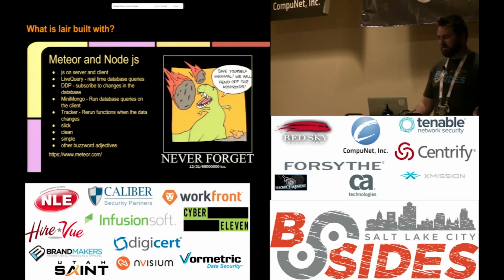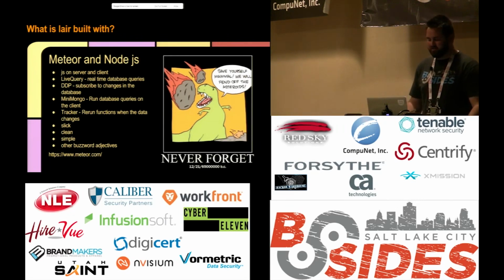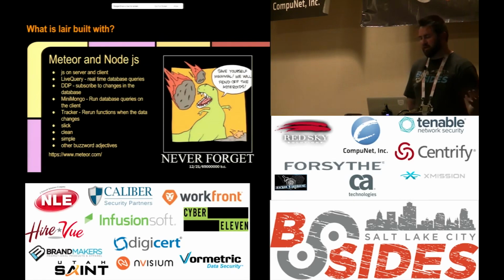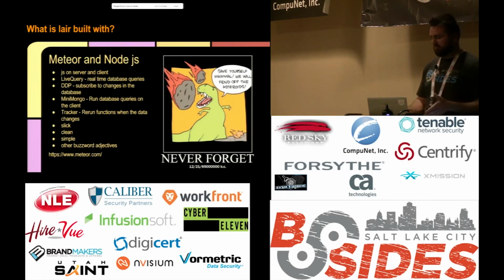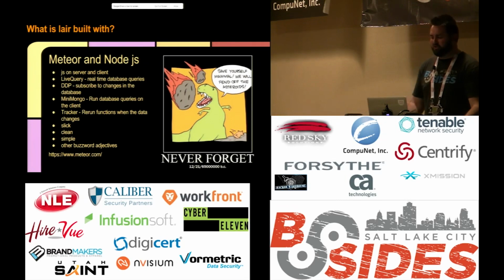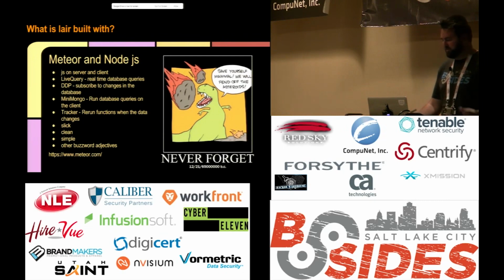But Lair, it runs with Meteor and Node.js. So I wanted to abandon even writing this presentation once I found out about Meteor, because it's a pretty awesome framework. It's JavaScript on the server and the client. You get all the buzzwords down at the bottom, slick, clean, simple.